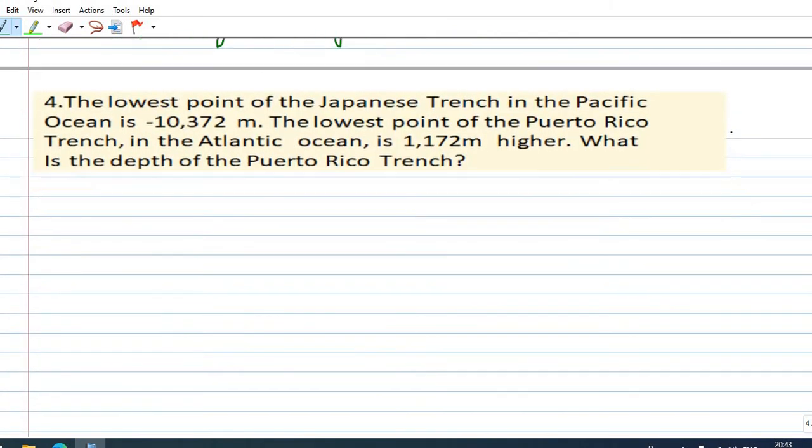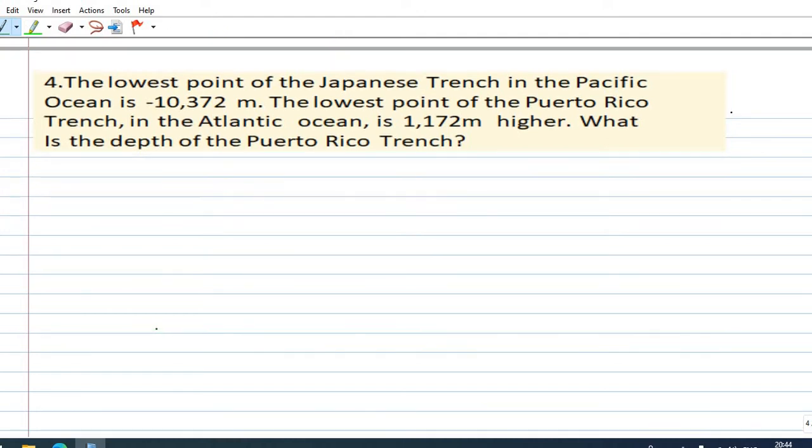See, the lowest point of the Japanese trench in the Pacific Ocean is minus 10,372 meter. Minus 10,372 meter. And the lowest point of the Puerto Rico trench is what? 1172 meter higher. I am going to find out the depth of the Puerto Rico Trench.